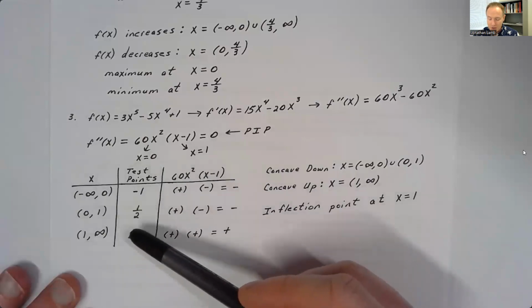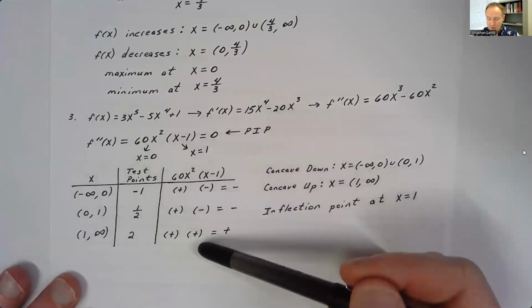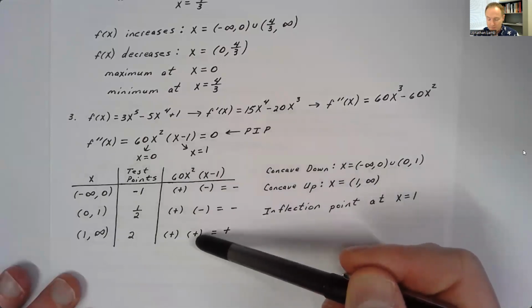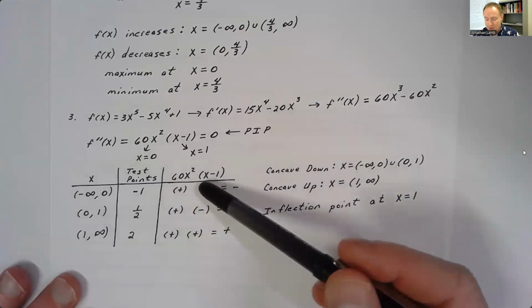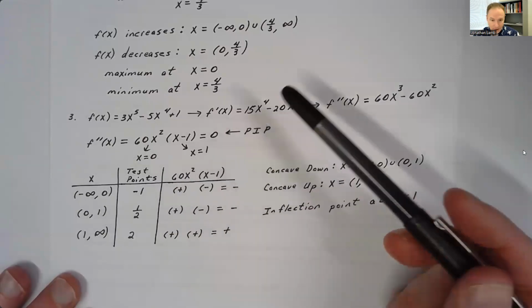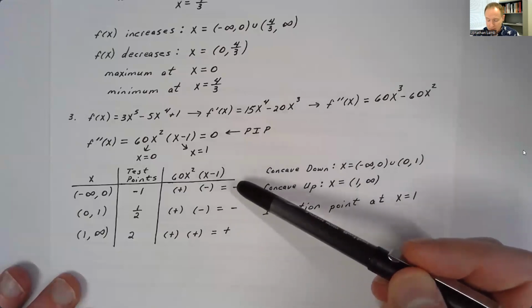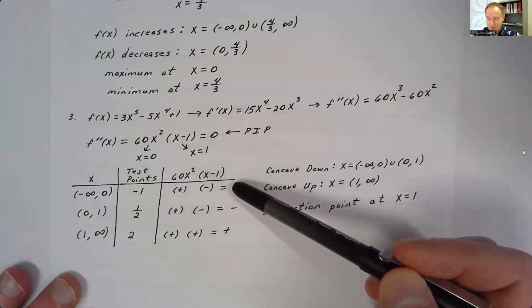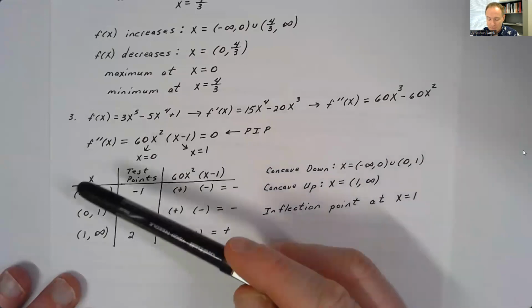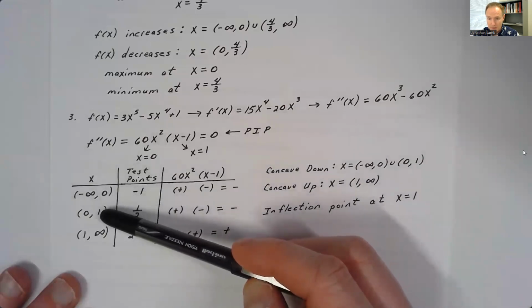In my last region where my test point is 2, if I plug a 2 in, 2 minus 1, that second factor would be positive. Now I can see that in the first and second regions, I have a positive times a negative. Anytime you have a negative times a positive, you know the product is a negative. This tells me that my original function is concave down from negative infinity to 0 and from 0 to 1.